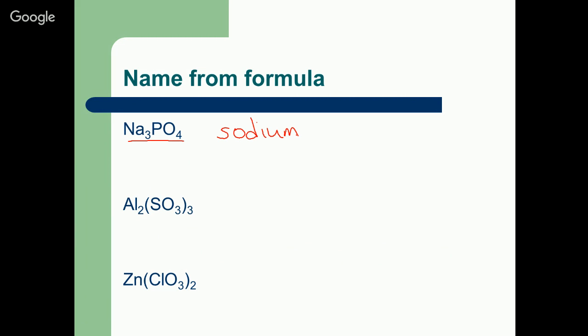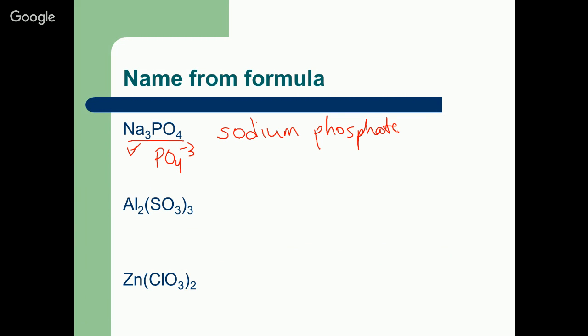Then for the PO4, think about what polyatomic ion is PO4 with a -3 charge. If you said phosphate, you are correct. So we have sodium phosphate as the name of this compound.